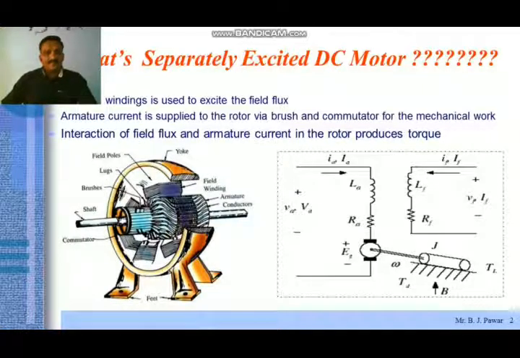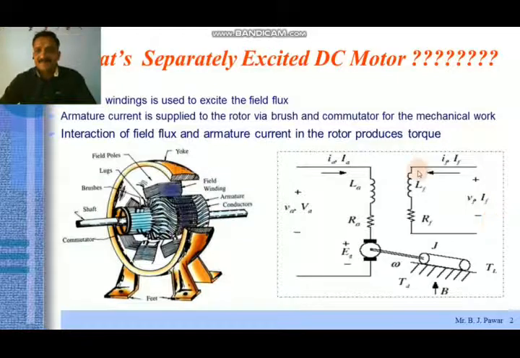Basically, these windings are known as the armature winding and the field winding. The field winding is stationary, wound inside the yoke with a few poles, and we will see that in detail later on. The field winding is used to excite the field flux. See here, the two types of windings are shown in this equivalent circuit. This one is the armature winding, which is wound on the rotor, and this one is the field winding.